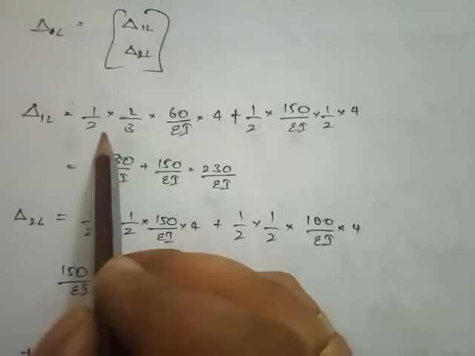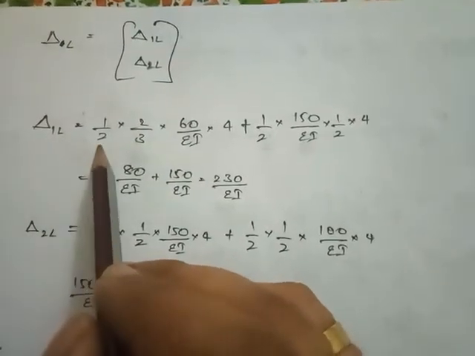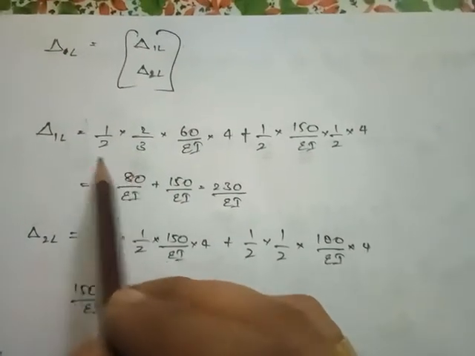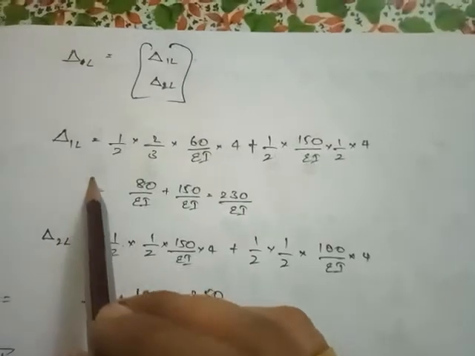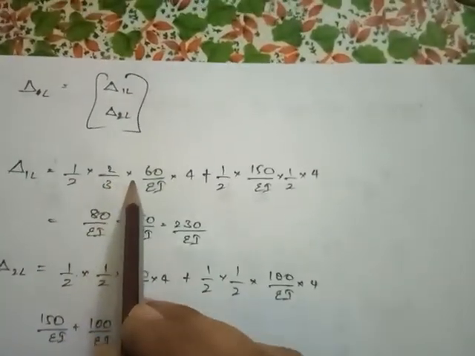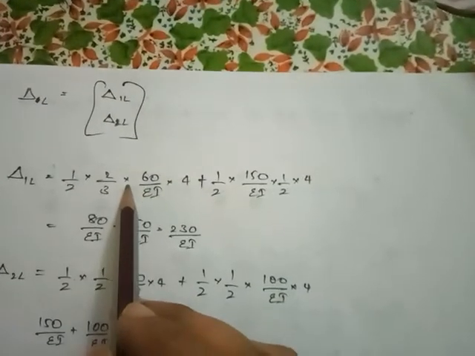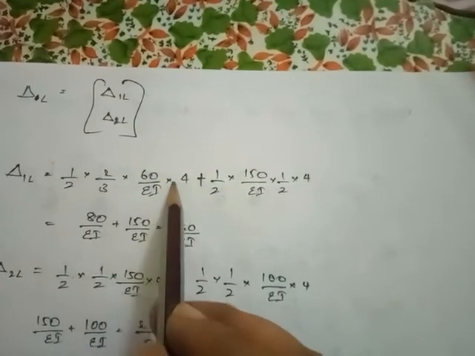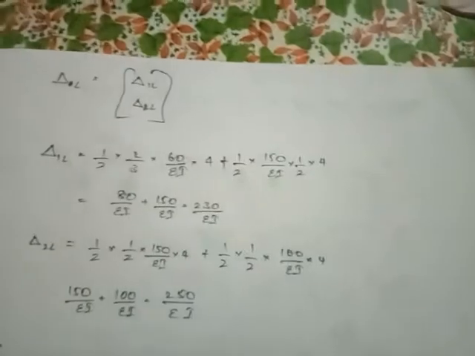As it is parabolic, delta 1L represents the displacement with respect to B, not A. So for B, it is considered 1 by 2 of 2 by 3rd of the center of gravity into 60 by EI into 4. 4 is the span distance.